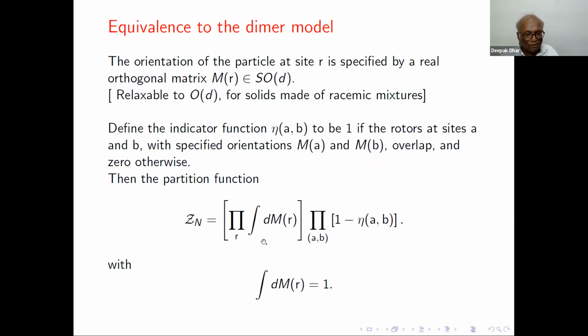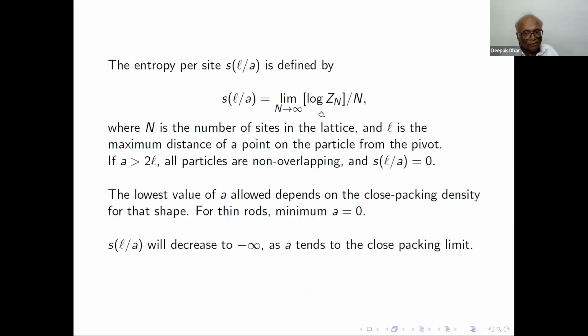It will be exponential in the number of sides, and so you take log Z_n and divide by n, take the limit n goes to infinity. That's the entropy per side, and that is a function of L by A. It's just a function of the internal intensive parameters. There is only one parameter in this model, which is L by A. Because we have taken the hardcore constraint, there is only one variable, which is a geometrical problem. There is nothing like temperature. We will be able to introduce temperature later, but right now it's not there.